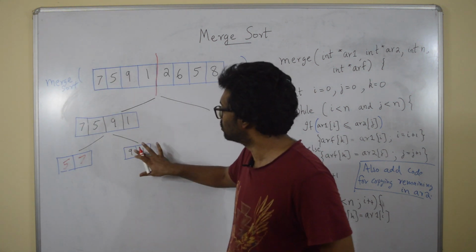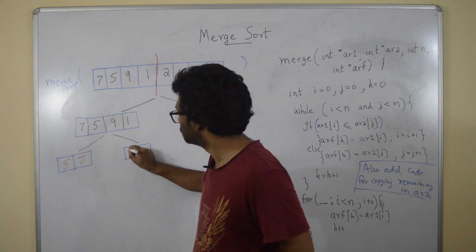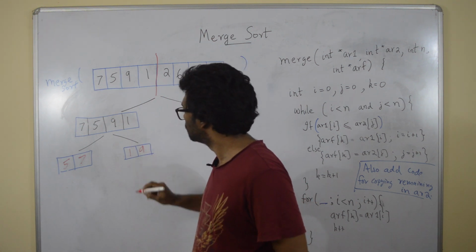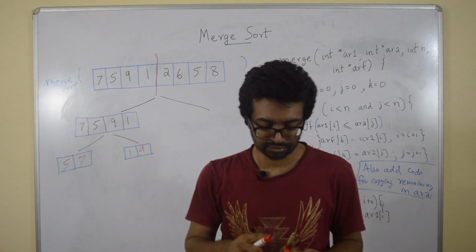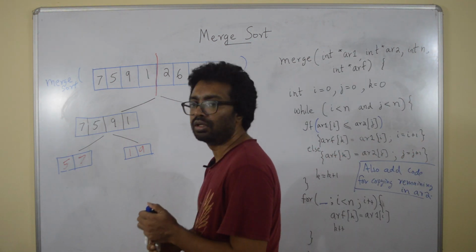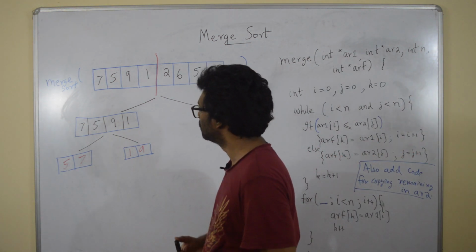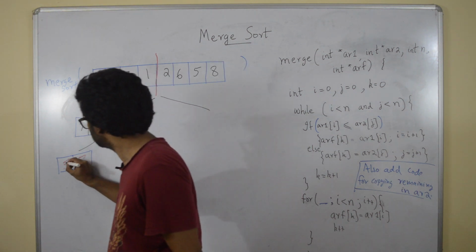Okay, and then you sort this also into 1 and 9. Now, so this is 5 7.